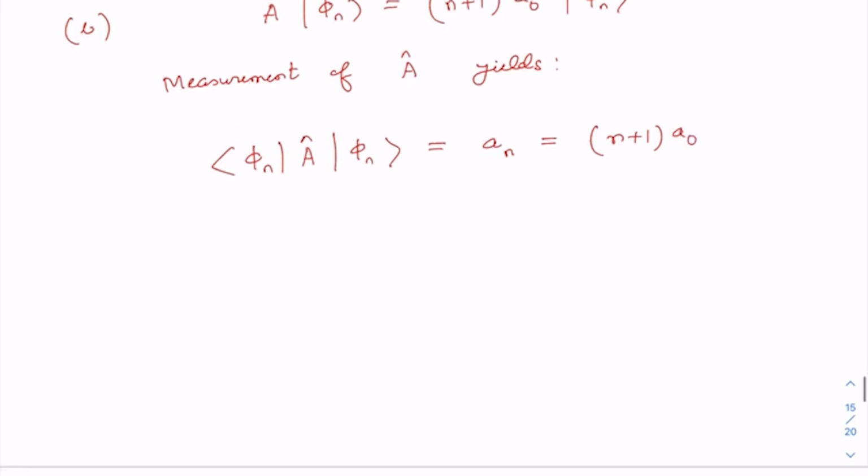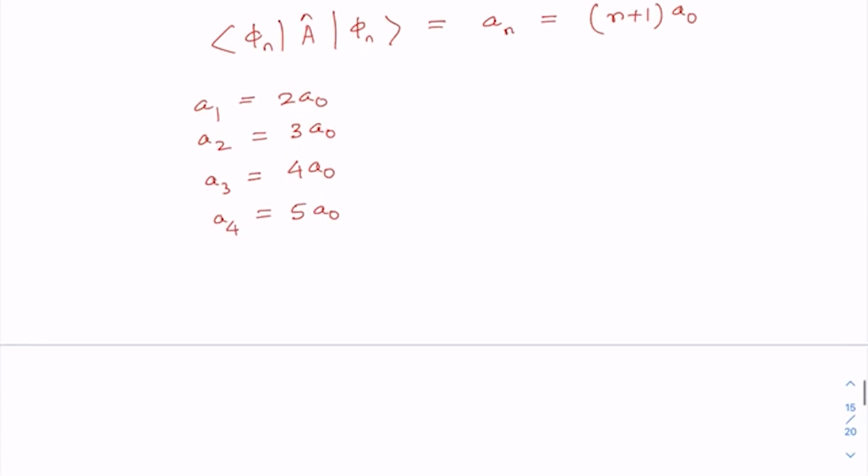So what values can one get? One can get A1 equal to 2A0, A2 equal to 3A0, A3 equal to 4A0, and A4 equal to 5A0. Now, what are the corresponding probabilities?